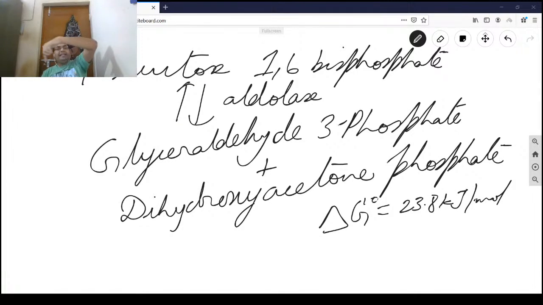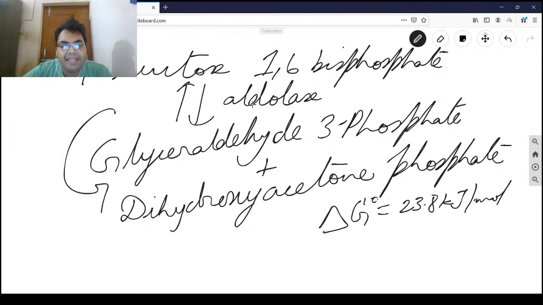Because of this minuscule concentration, the free energy change del G in the cell is not that highly positive, it is a little bit positive, so it can proceed in this direction, and the aldolase can break it down because of its very low concentration inside the cell.